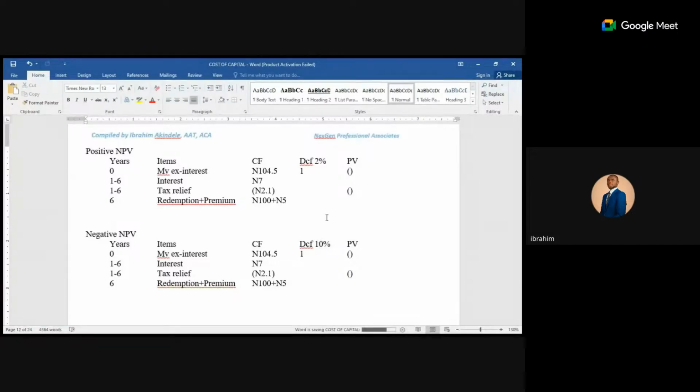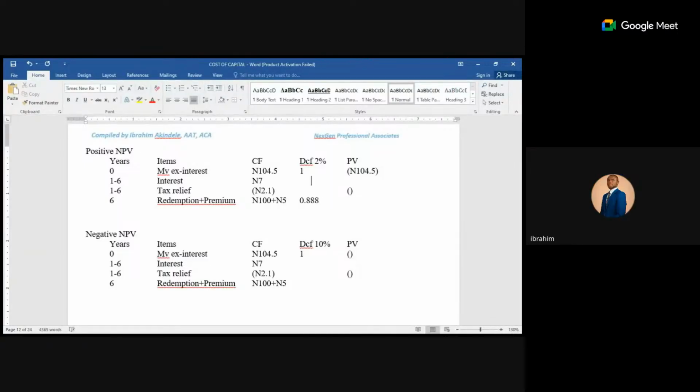So what do we have for the, okay, this will be 104.5. Next, what do we have here? 5.601. For the DCF, what is the DCF? For the redemption, 0.89. 0.888.